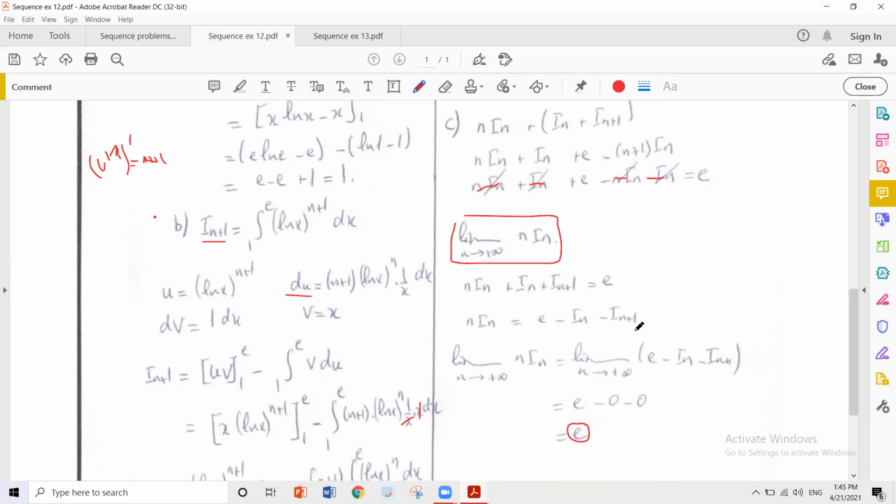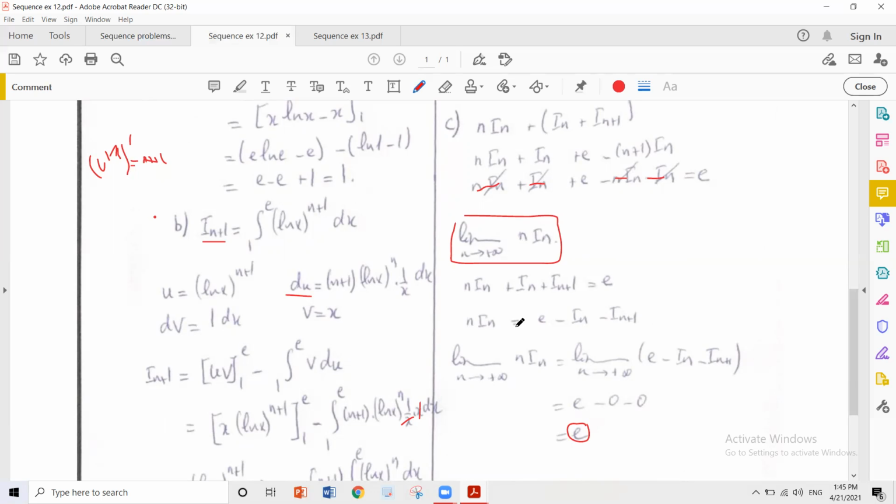Professor, I have a question. Above, in the first question, we found I_n is decreasing, right? In the first part we proved I_n is decreasing. Yes. Here we take the limit as n tends to plus infinity. Why do we take the limit as n tends to plus infinity and not minus infinity? This is by definition. First, n is a natural number: 0, 1, 2, 3, 4, 5, 6, 7, 8.